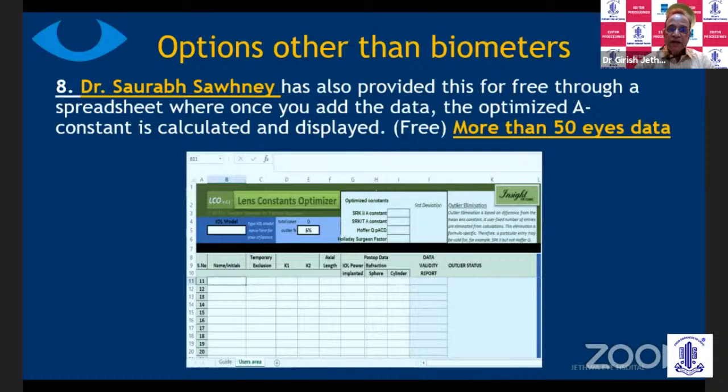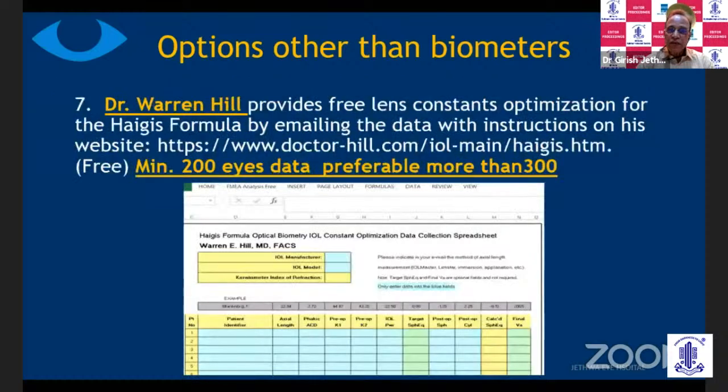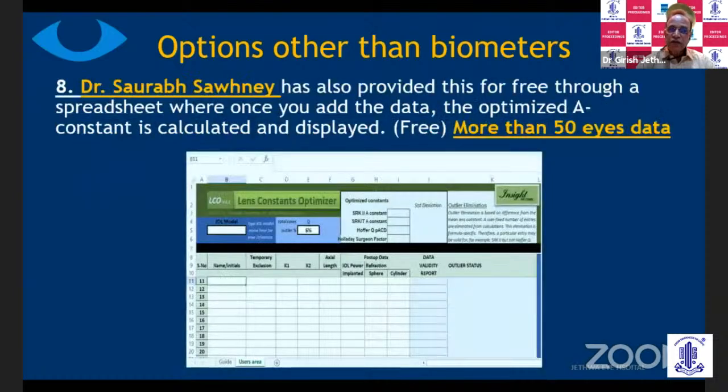Similarly, I have also used Dr. Saurabh Sony's Excel sheet, which is also free, where we can get the data instantly. Whereas in Warren Hill, you have to email the data and we get the personalized A constant. In Saurabh Sony, we can get the optimization instantly, and here more than 50 data are enough.